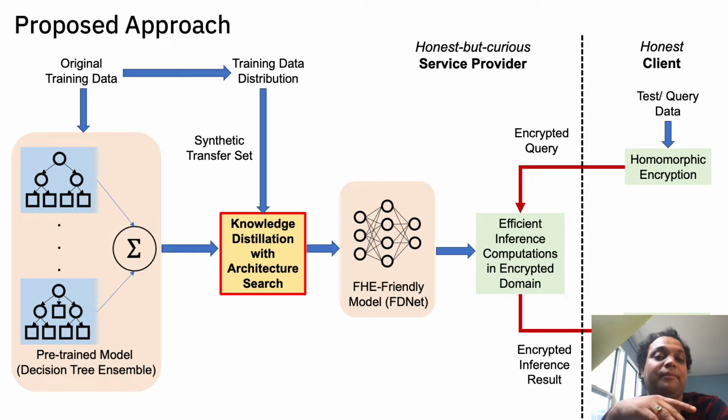And the assumption for this paper is that we do not keep the data intact for a variety of reasons. Instead, what we do is we take some statistics from the data, right? Some training data distribution information, and we use that distributional information to generate, say, synthetic transfer data sets.